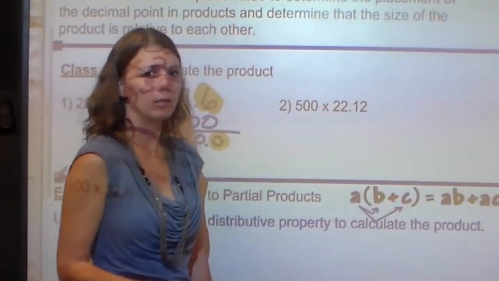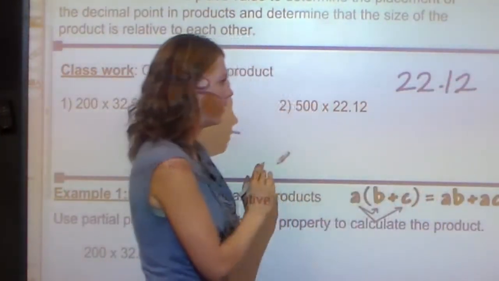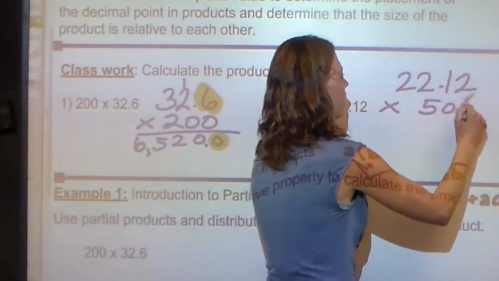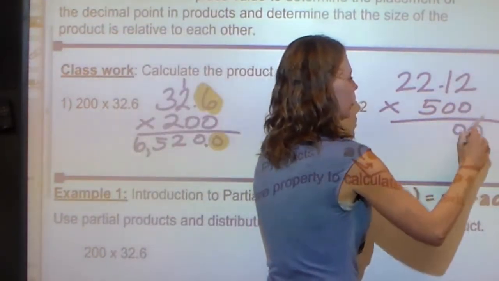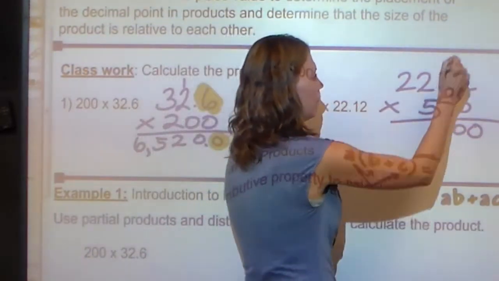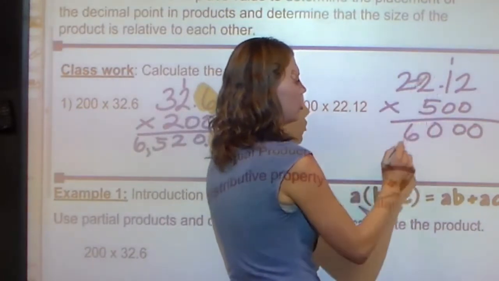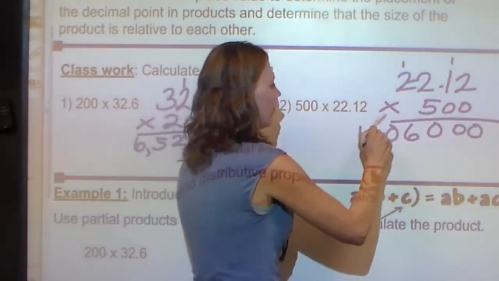For this problem, I'm going to do it very similar. 22 and 12 hundredths times 500. Because there are 2 zeros again, there's going to be 2 zeros below. And then I'm going to multiply 5 times 2 is 10. 5 times 1 is 5, plus 1 is 6. 5 times 2 is 10, carry the 1. 5 times 2 is 10, plus 1 is 11.